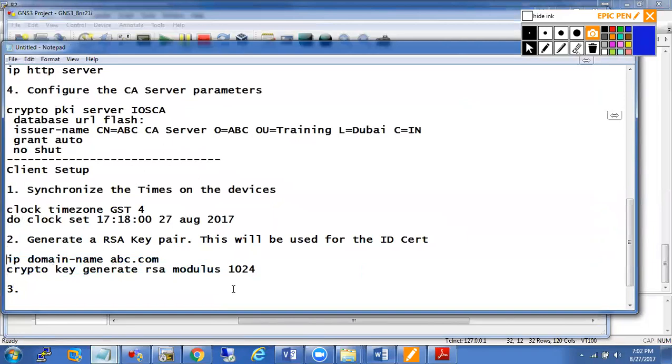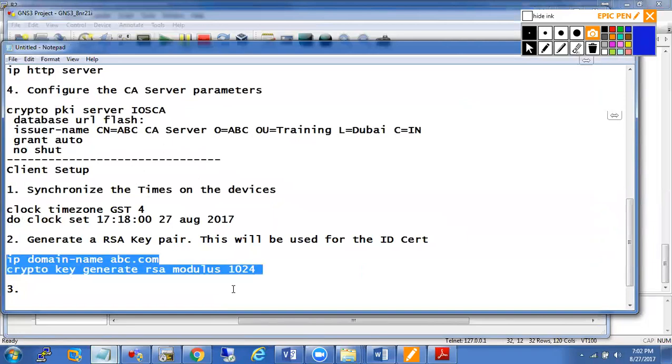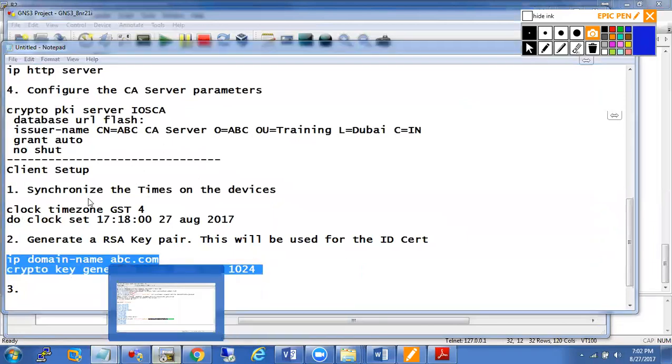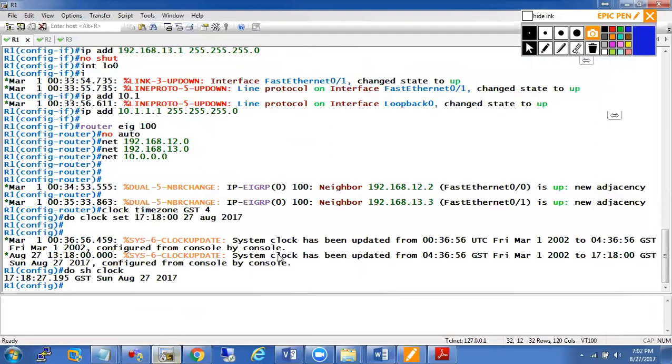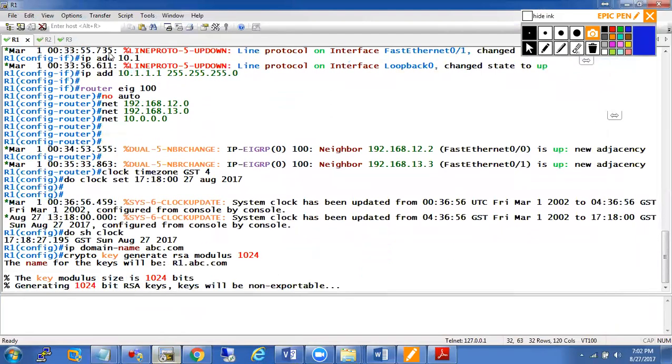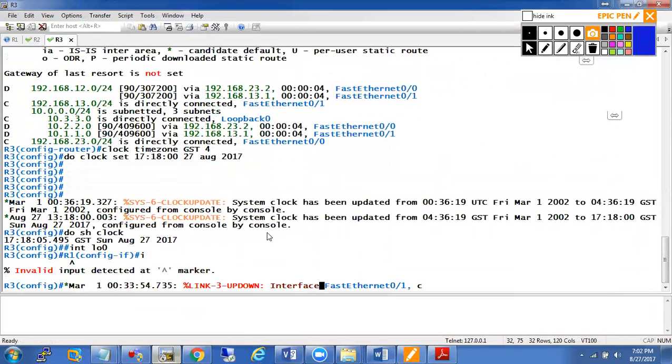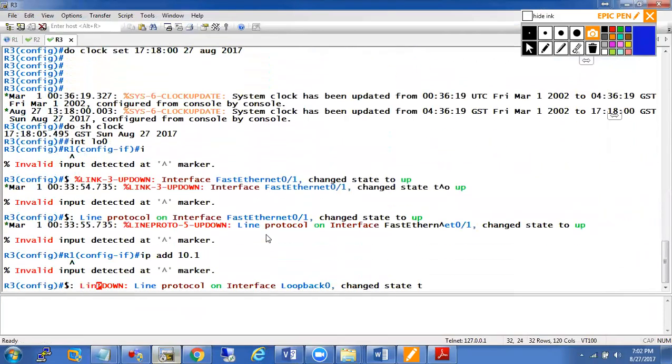Step 3, we'll do this part. So our key pair is generated. I'll do it on R1 and R3. What do I have at this point?